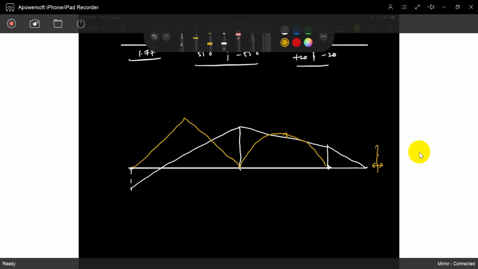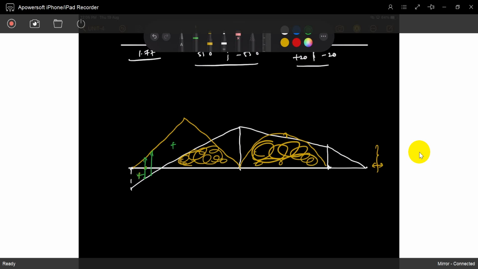So what is the bending moment at this location? This is also plus, no? This is negative. So negative, positive. This will collapse. But what is the moment here? At some location the moment is also positive. So at this location, the bending moment is this much. Understood?